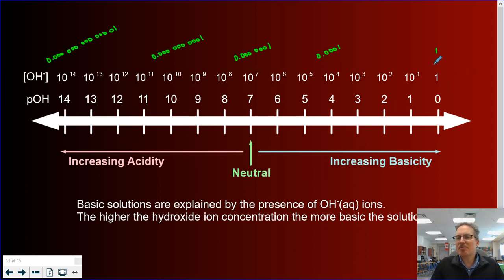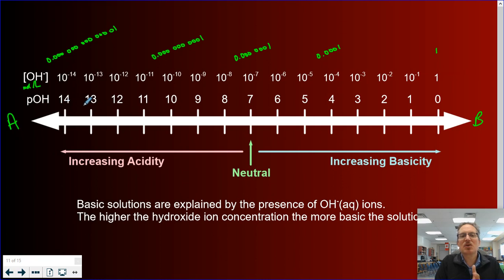Now, the interesting part about this is, again, when we're talking bases, and that's when we use this, right? Because this is hydroxide ion concentration. Again, on this scale, acids are on the left, bases are on the right, and we would expect that when we get more basic, we would have a higher concentration of hydroxide ions in moles per liter compared to when my substance gets more acidic, right?